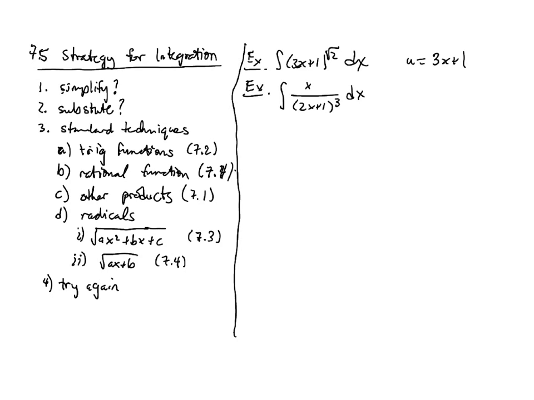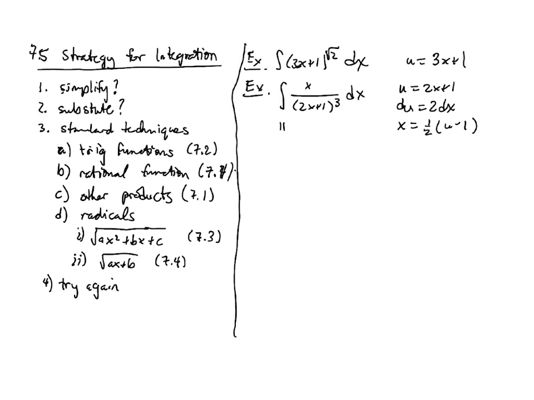Actually, now that I look at that one, you could do a substitution. Let's try that actually. So u equals 2x plus 1, and then we would have du equals 2 dx. And x can be written as, subtract the 1, divide by 2, 1/2 u minus 1/2. And so we could then simplify this antiderivative.